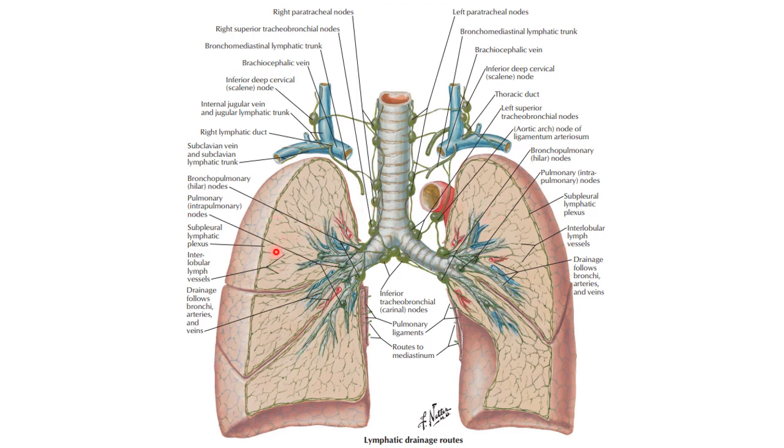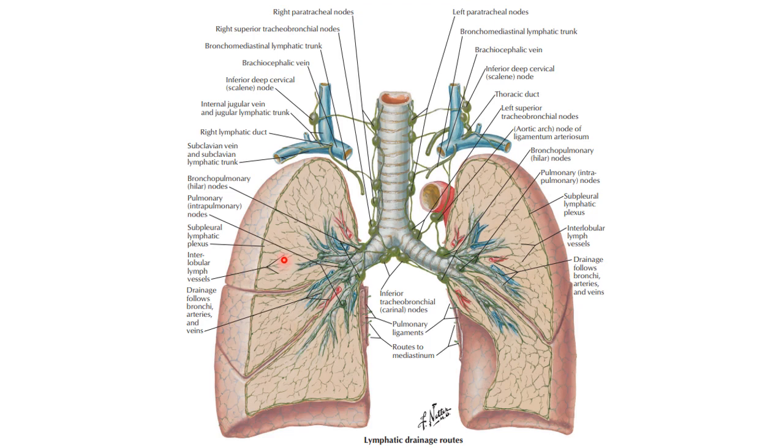The right lung has a superior, a middle, and an inferior lobe, whereas the left lung only has a superior lobe and an inferior lobe. So follow the cursor. The first lymphatic channels that will actually drain the alveolus, the first macroscopically detectable, meaning you can see it with your naked eye.